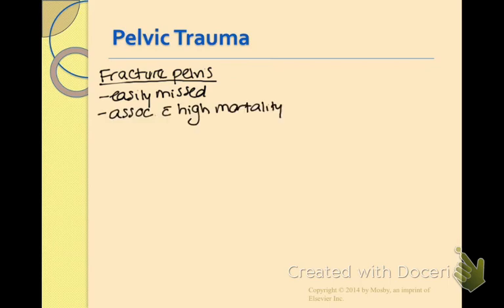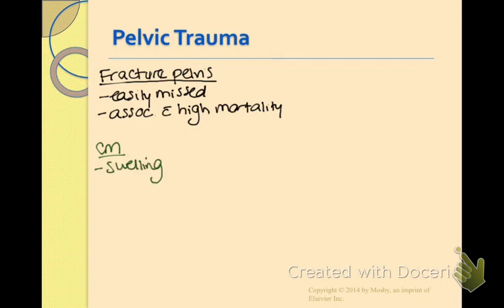All right, pelvic trauma, fractured pelvis. It's easily missed and is associated with high mortality. Oftentimes the mortality is related to severe intra-abdominal injuries or paralytic ileus, maybe hemorrhage, a laceration of the urethra.